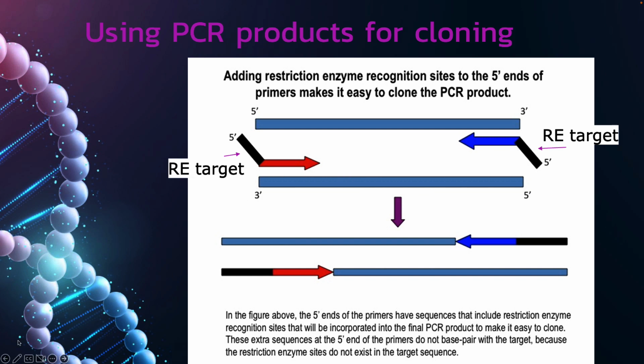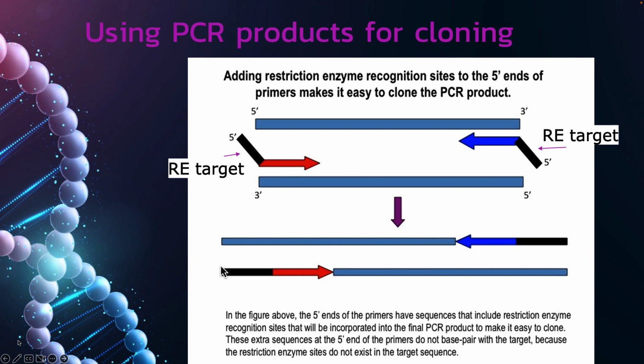So for example, for EcoR1, remember the restriction enzyme recognition site is 6 base pairs. So a primer might be anywhere from 18 to 22 base pairs. That's pretty standard for designing a primer. So we would just add the extra 6 for, let's say, EcoR1 right here, and then maybe a different enzyme, let's say BamH1 right here.